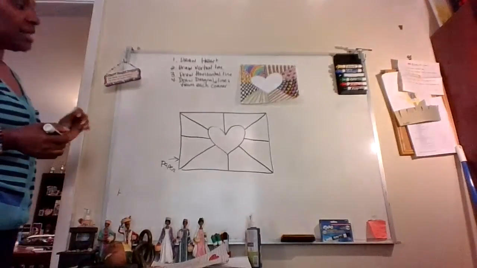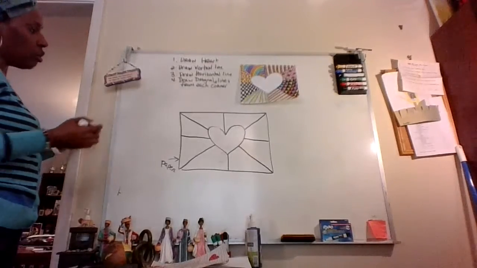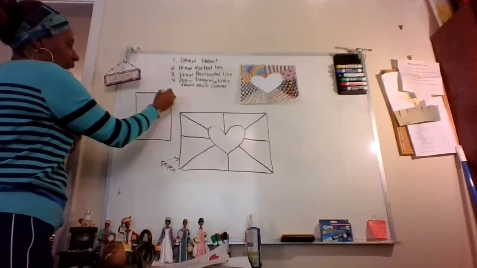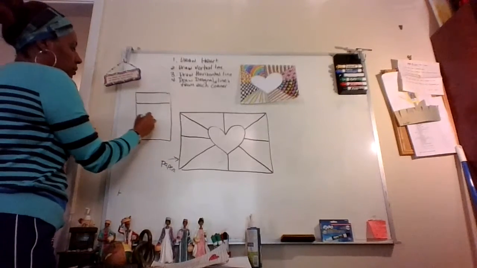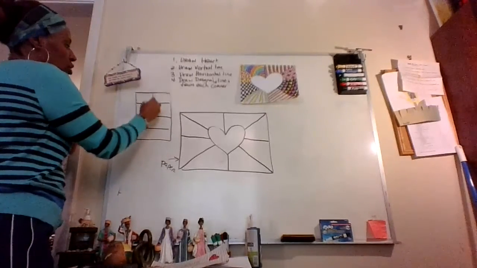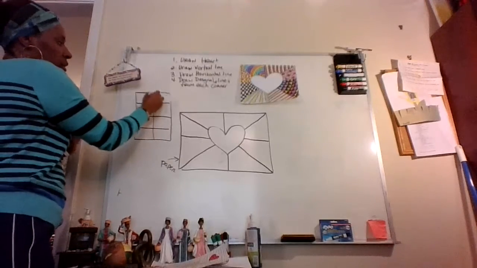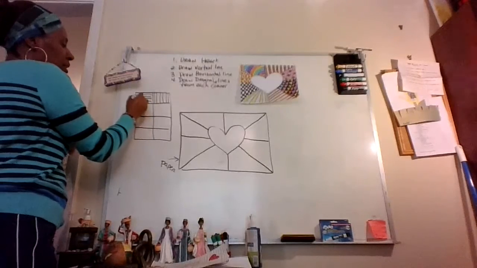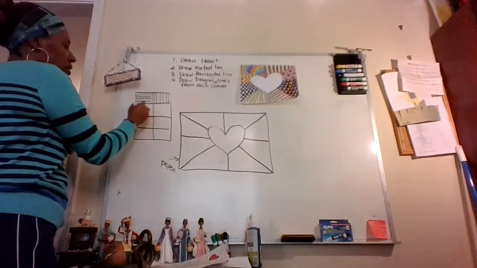Now, your assignment from last week, you created a grid that had 8 patterns that you made. Some of you did vertical lines, some of you did horizontal lines, some of you did swirls.